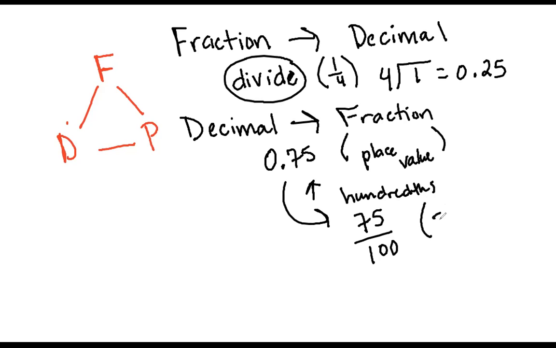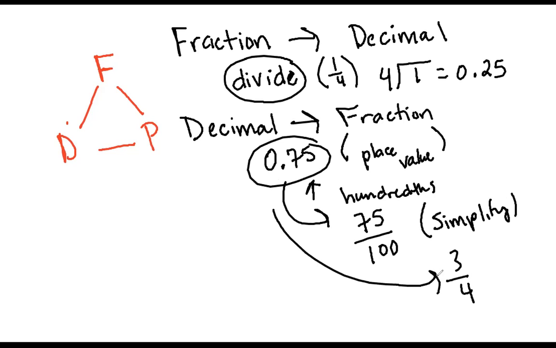And then I have to simplify, and I'm going to get 3 over 4. So 0.75 is equal to 3 over 4. So you use your place value and you simplify.